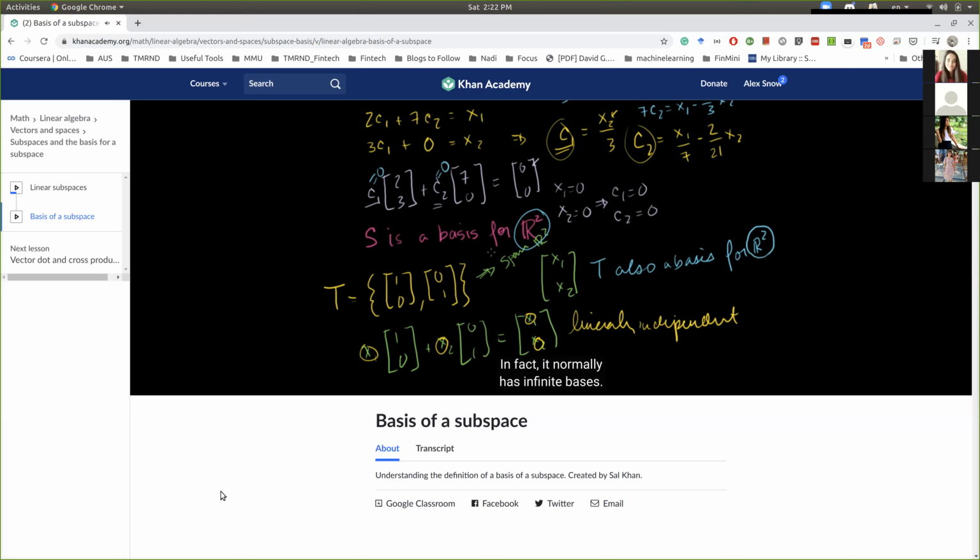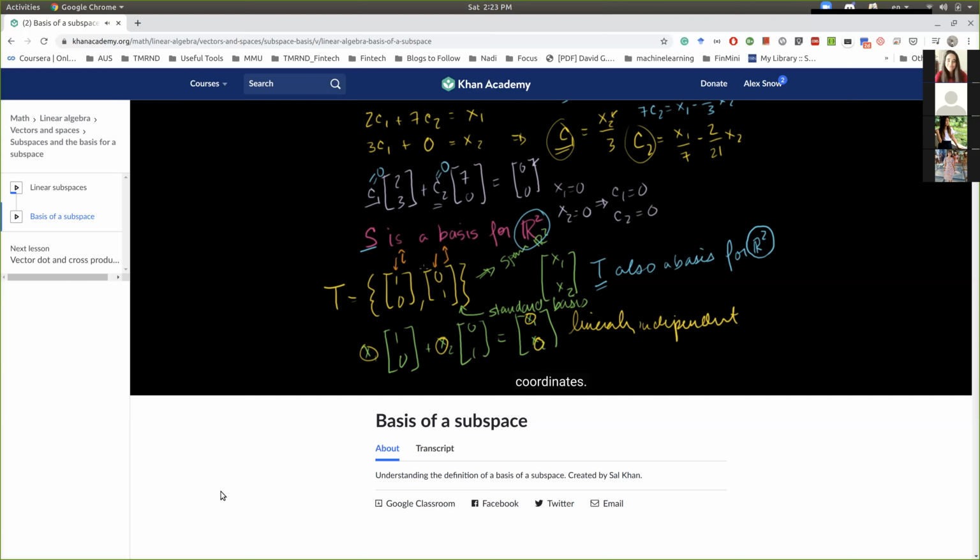And actually, just so you know what T is, this is called the standard basis. And this is what you're used to dealing with in regular calculus or physics class. If you remember from physics class, this is the unit vector i, and this is the unit vector j, and it's the standard basis for two-dimensional Cartesian coordinates.